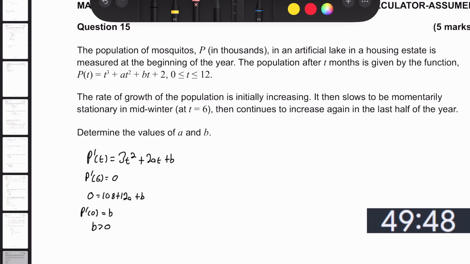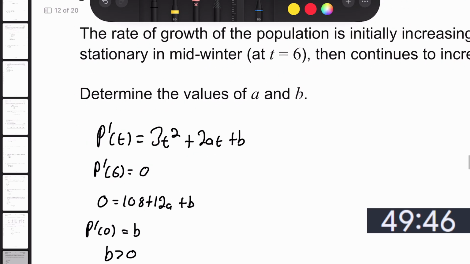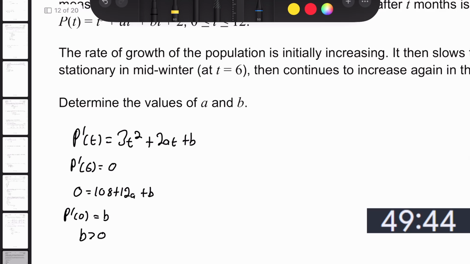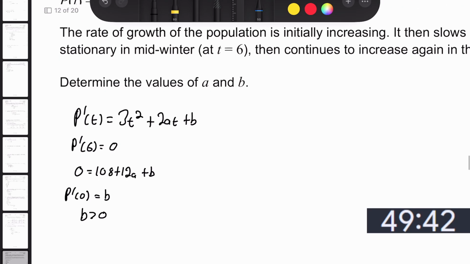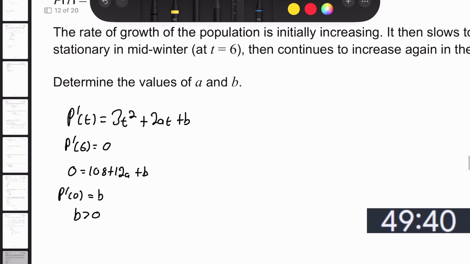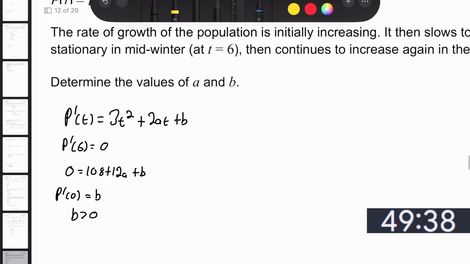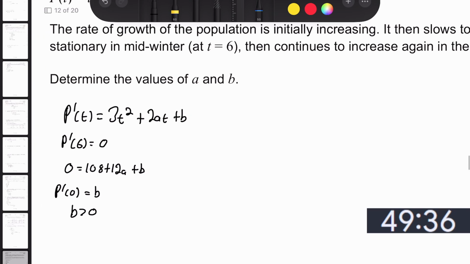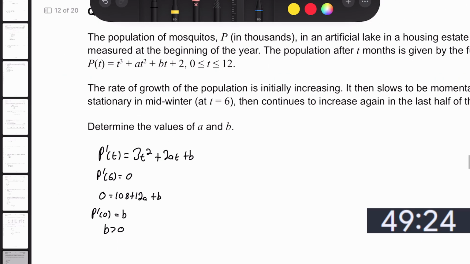The rate of growth of the population initially increasing. The rate of growth then slows. So is there a second derivative here? Initially increasing.